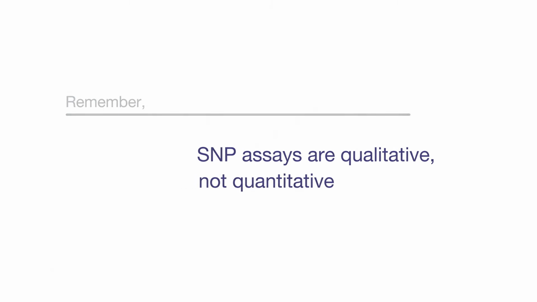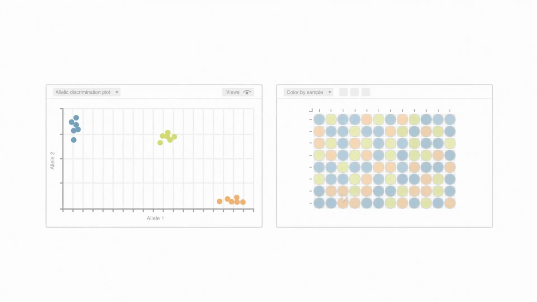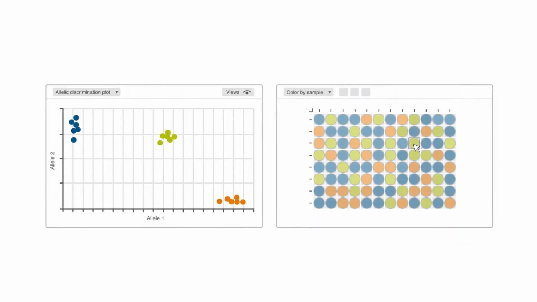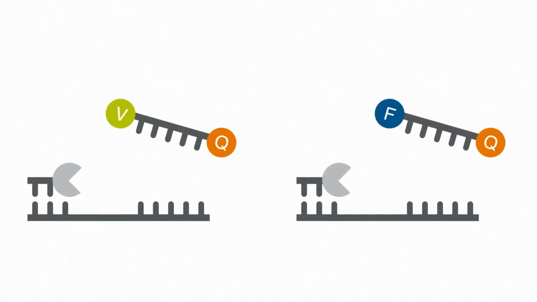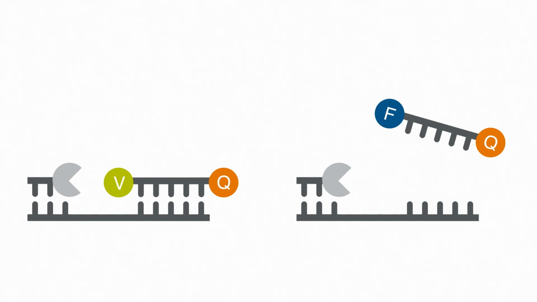Let's take a closer look at what's happening in each reaction. For example, this sample is a VIC dye homozygous call. However, if we look at the real-time data, we'll see some amplification of both probes. Wait, why is that? Well, the probes are specific for the respective targets, and most of the time, they bind to the correct allele.